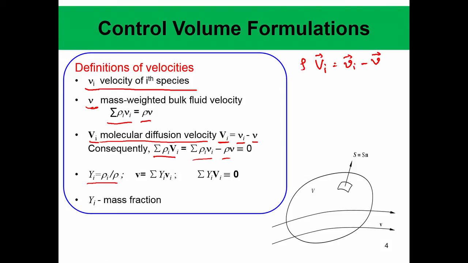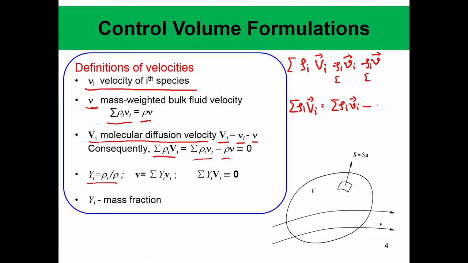Let's multiply both sides with rho i, and then sum over it. Okay. Then what we will get is that the summation rho i capital Vi vector is equal to, this stays as is, summation rho i vi vector, minus, since this does not contain i, we only sum over rho i.